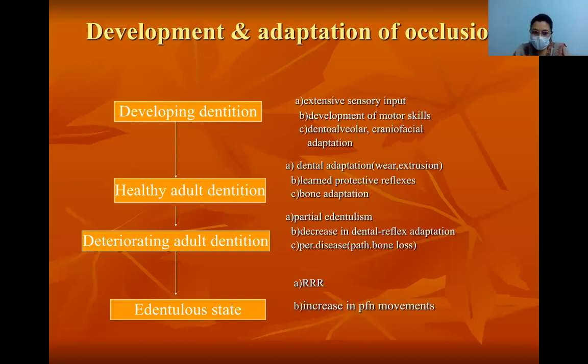Then we come to a deteriorating dentition, which has partial edentulism, decrease in dental reflex adaptation, and periodontal diseases and pathology associated with bone loss. And lastly, we come to the edentulous state, where there is residual ridge resorption and an increase in parafunctional movements.